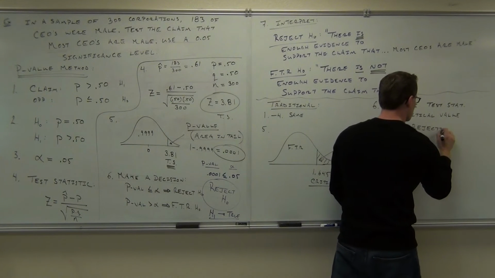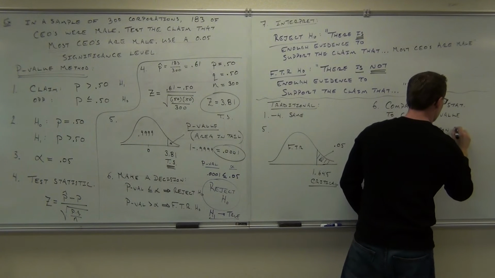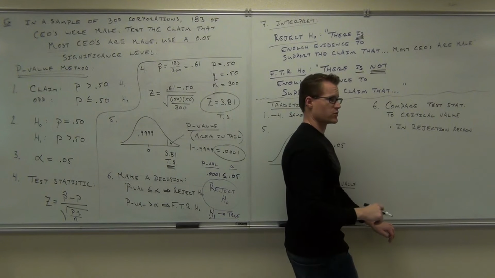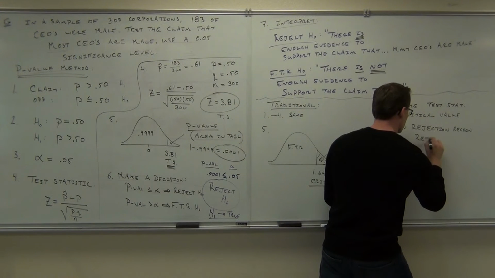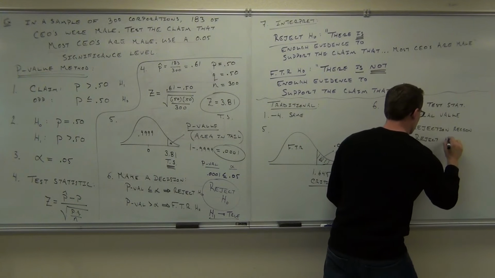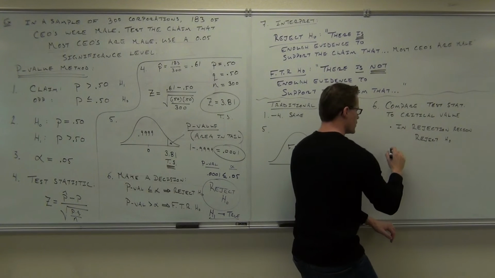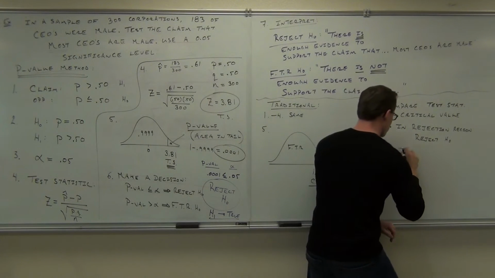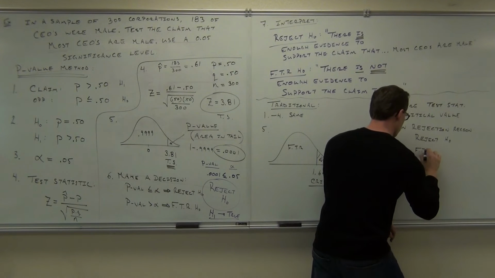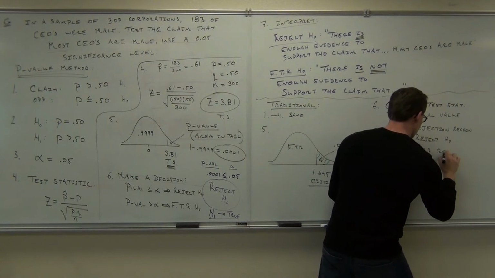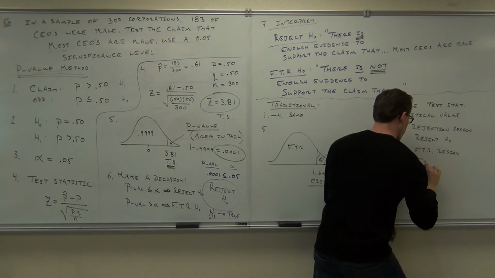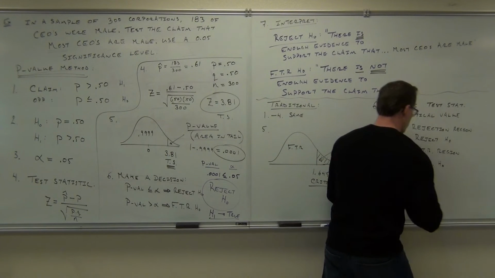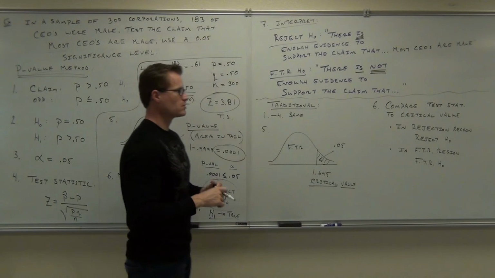You can be in the rejection region. If you're in the rejection region, you're going to reject. Or you can be in the fail to reject region, in which case you fail to reject. But in either case, we're talking about H sub 0.